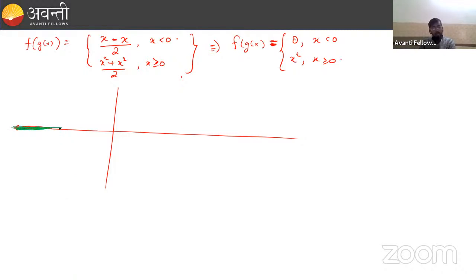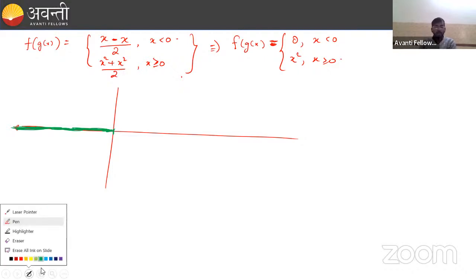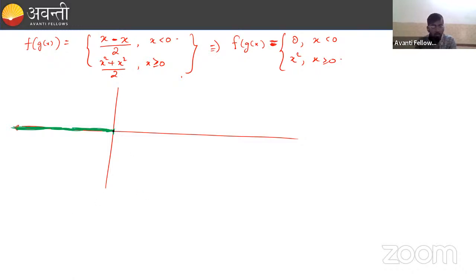So this is the line when x is negative, right? X negative means towards the left side of the y-axis. Now for the part where x is positive, let's take some other color, blue, and we know that the graph of x square looks something like this.